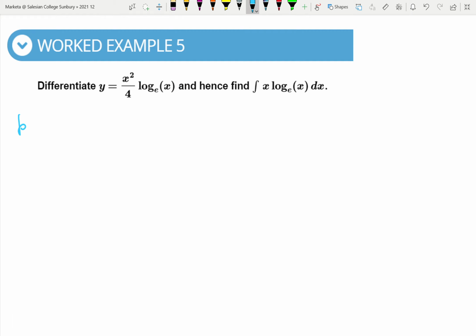So I'm going to say let u equal 1/4 x squared, and let v equal log e x, means v dash is 1 on x, and u dash will be 2 times 1/4, which is half x.